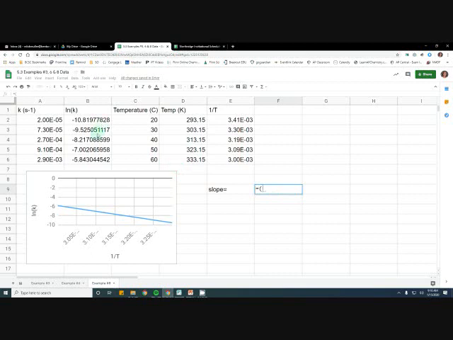I'm going to just pick the first two values to solve for this. That's my change in Y over change in X, and I get negative 1.15 times 10 to the 4th. Okay, let me go back to PowerPoint.